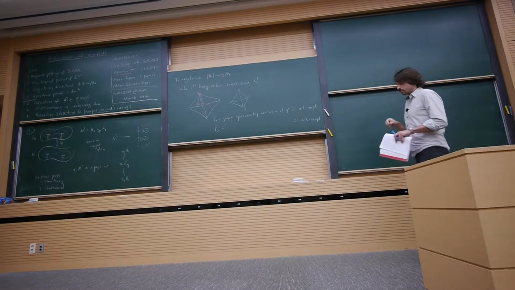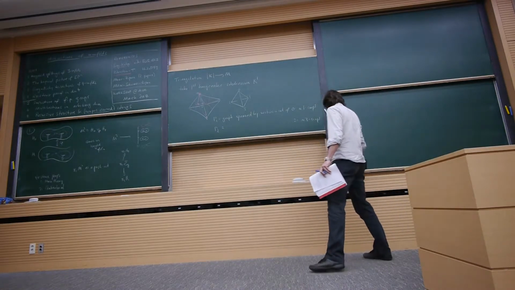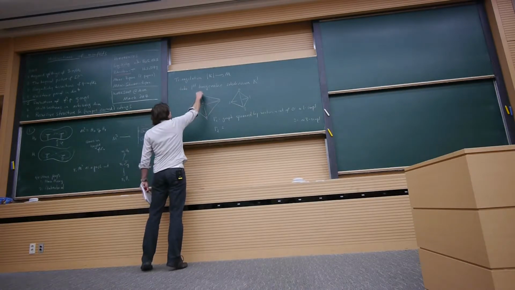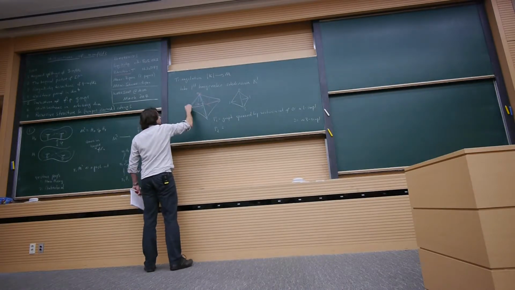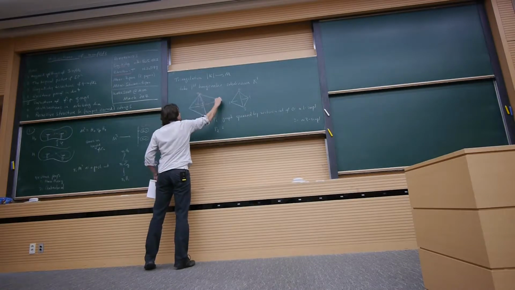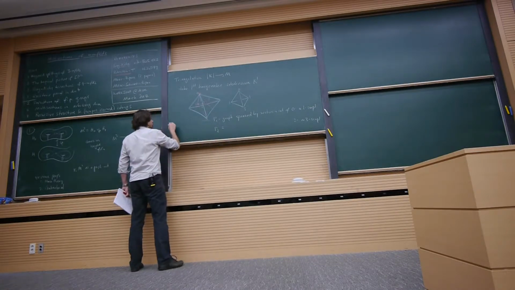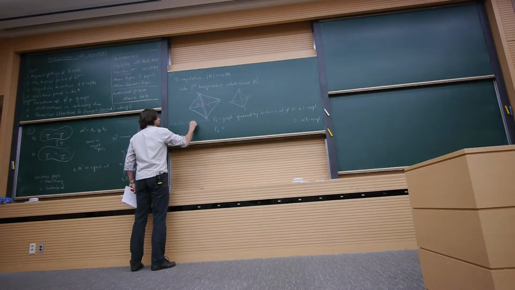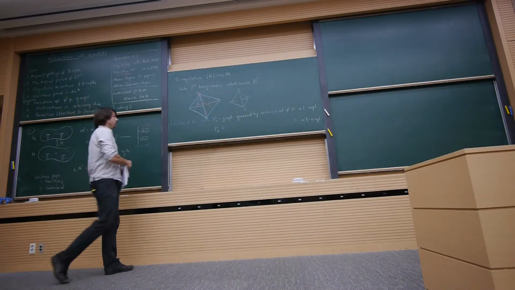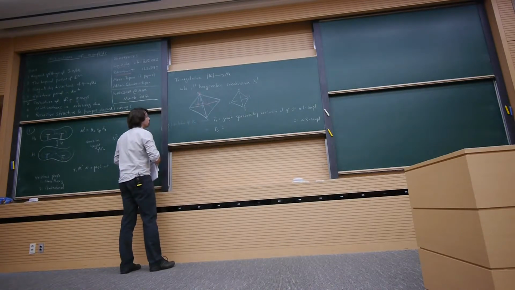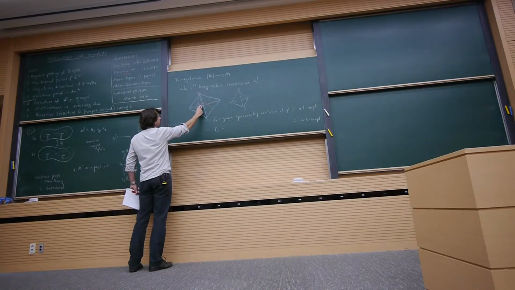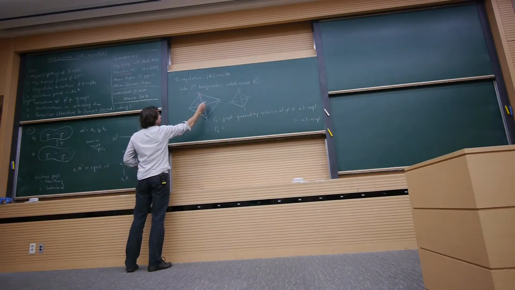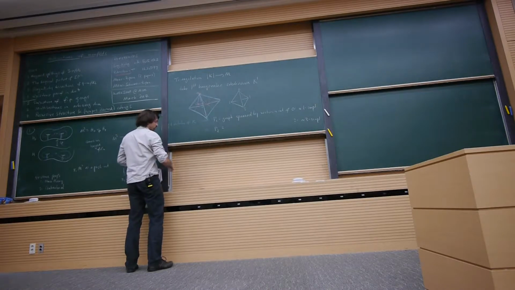Then you see that gamma 1 is really just the original 1-skeleton of my triangulation. And this here is what is called the dual 1-skeleton. The vertices are just barycenters of the tetrahedra, and then they pass through the interiors of edges.